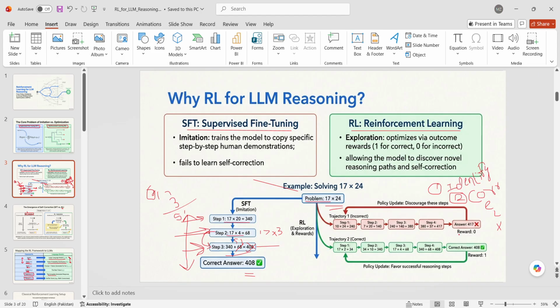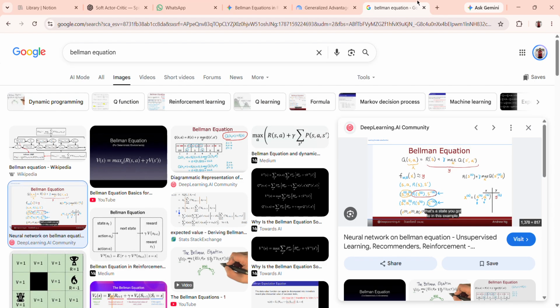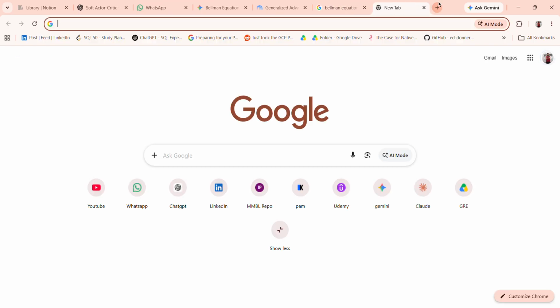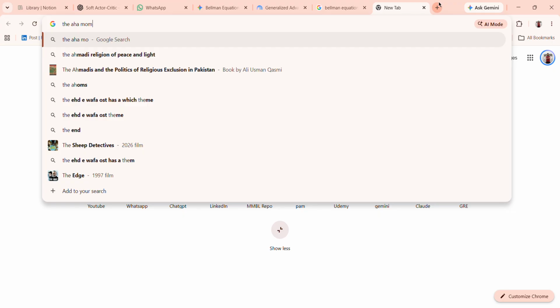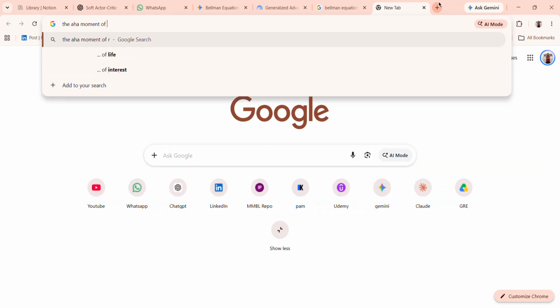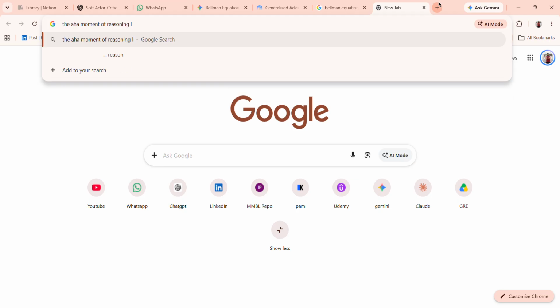If it reaches the correct answer, it does get a reward, but if it does not, it does not get any reward. This reward plays a huge role in reinforcement learning, and in the coming lectures you are going to see why. Along with that, I am also going to show you the aha moment of reasoning LLMs.